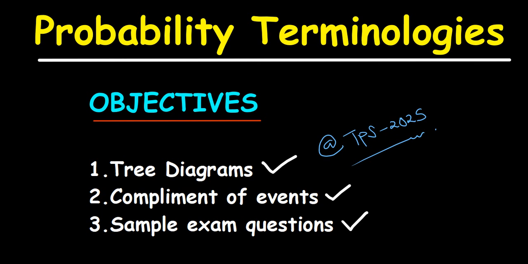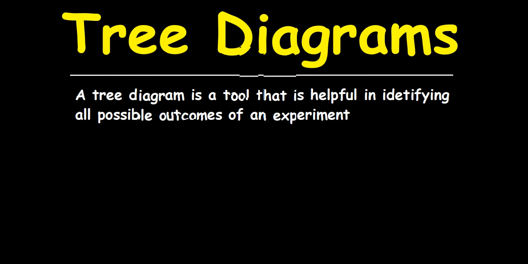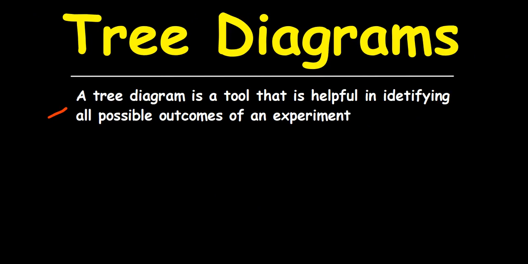All right, so we start from the definition of what a tree diagram is, okay? A tree diagram by definition is just a tool that is helpful in identifying all possible outcomes of an experiment, okay, especially an experiment that has two outcomes, okay.